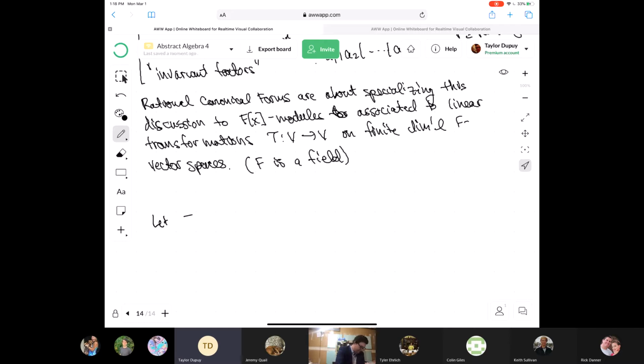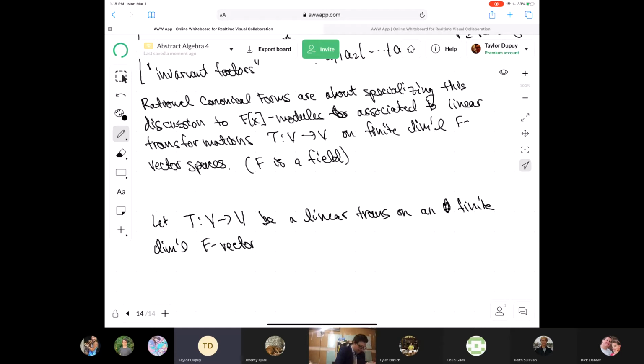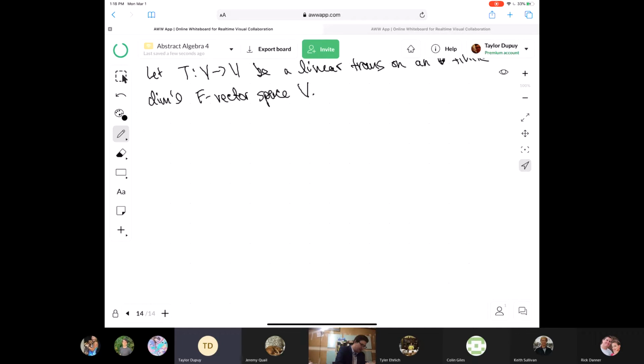So let T from V to V be a linear transformation on a finite dimensional F vector space V. You have probably seen this before, but I'm going to do it again.